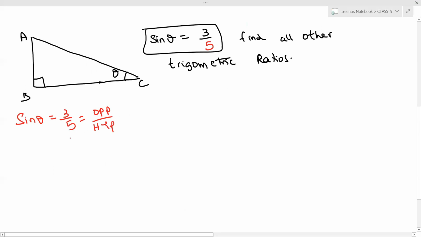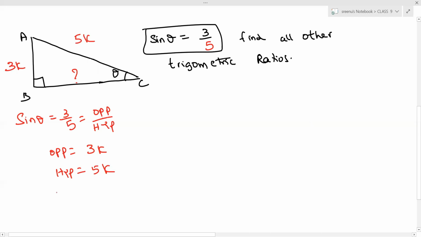So you take the opposite side as 3k and the hypotenuse as 5k. Here I write 3k for the opposite, and here I write 5k for the hypotenuse.